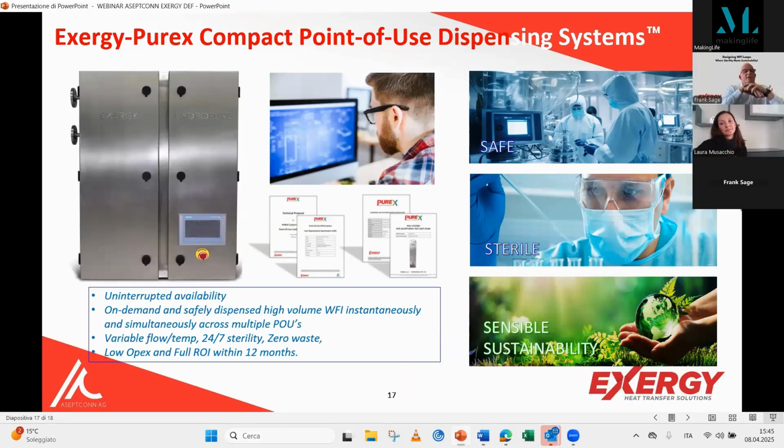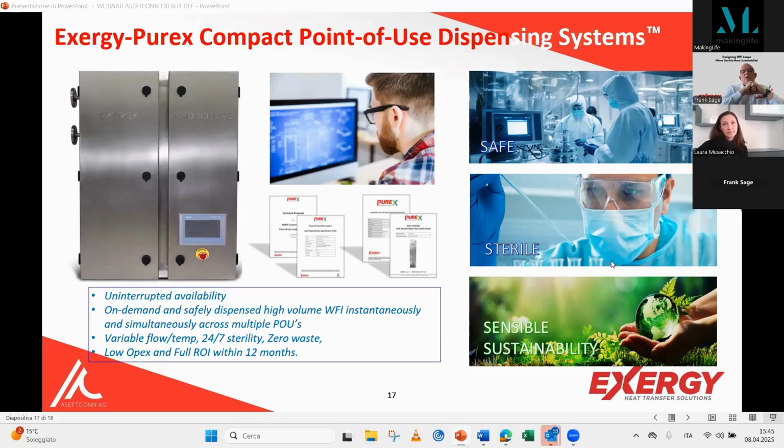So we're on a mission to express our interest in partnership with the engineering design family across Europe, who are considering daily how they will tackle and how they will deliver this critical utility in a safe, sterile, and sustainable way.